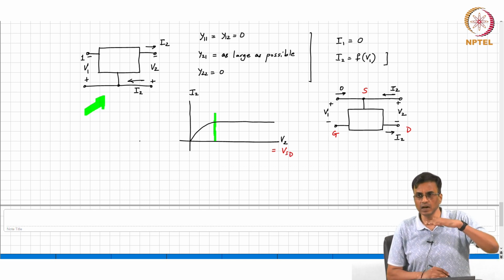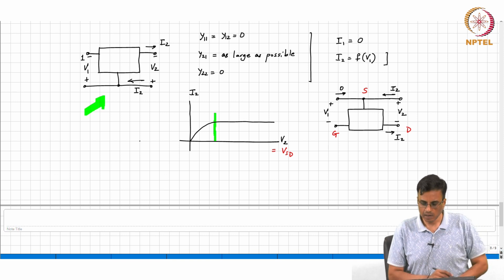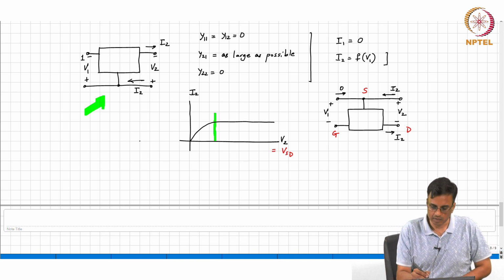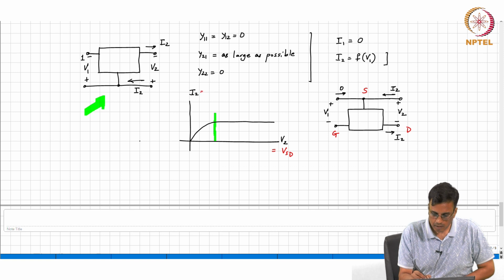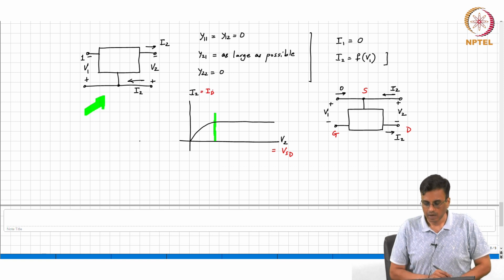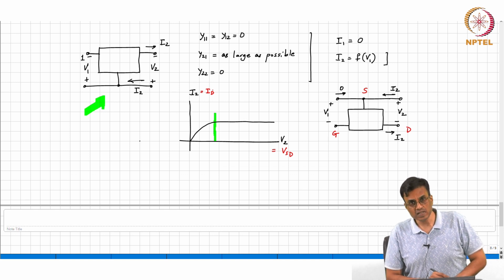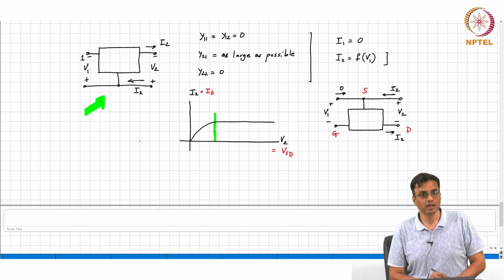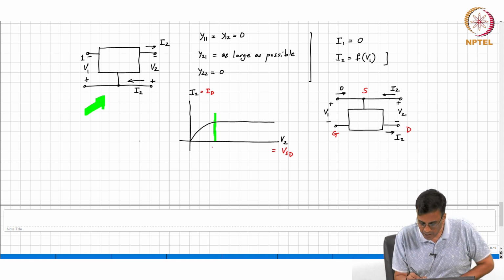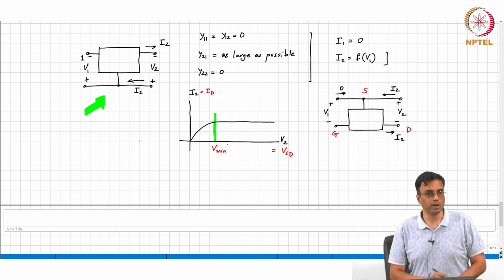The source must be at a higher potential, and this is of course the drain current, and we can say that the drain current is independent of the source drain voltage as long as VSD is greater than some V minimum.